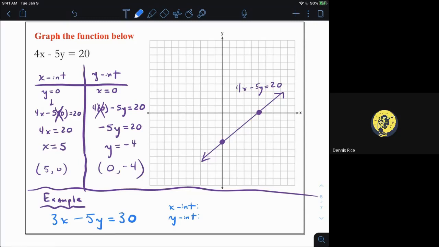Gavin. Sophia. Man, I'm missing a lot of people. Sarah's here. We're missing both Sophias. Sophia Q and Sophia. Okay. I think I have everyone.